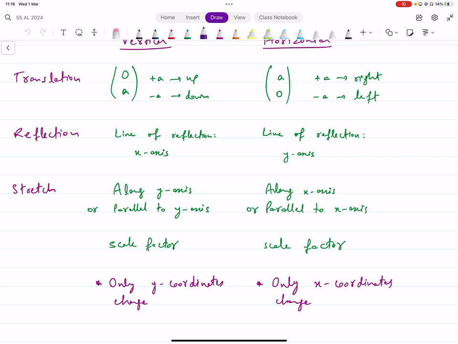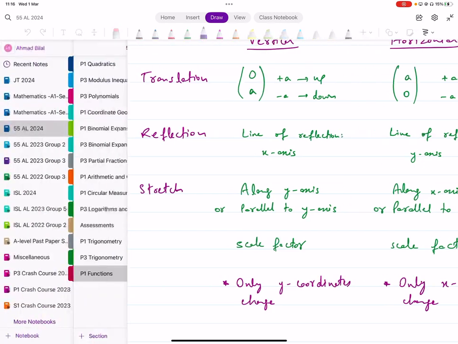For describing reflection, you have to write down the line of reflection. And for describing stretch, you have to write whether the stretch is along x-axis or y-axis, depending on whether it's horizontal or vertical. And along with that, you have to write down the scale factor. Okay? So describe करते हुए, you have to keep these things in mind.